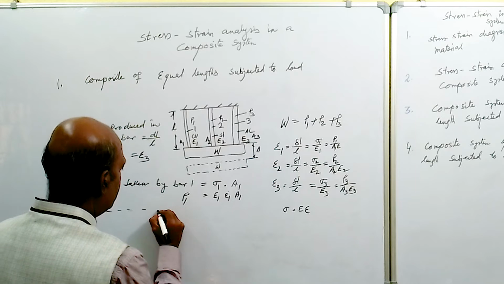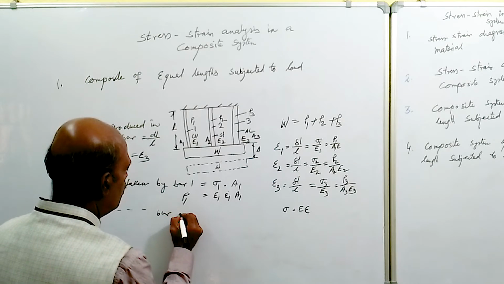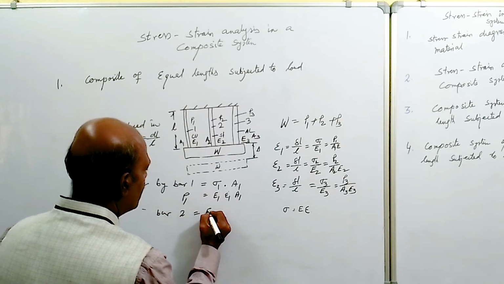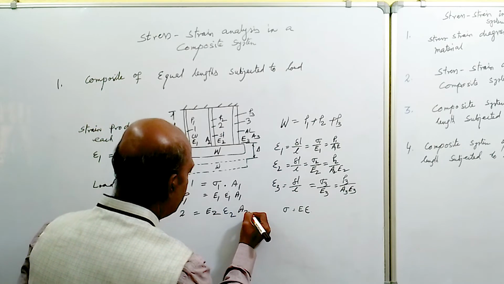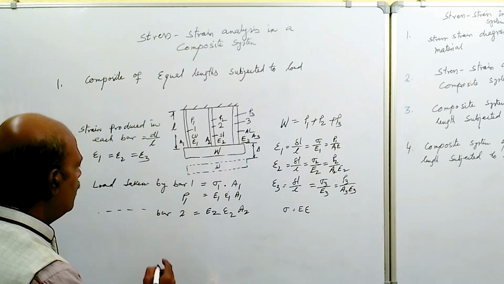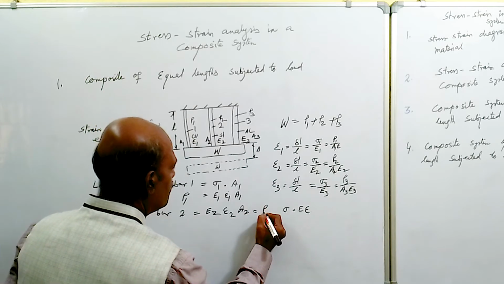Similarly, load taken by bar 2 is given by E2 into epsilon 2 into A2, and that is equal to P2.